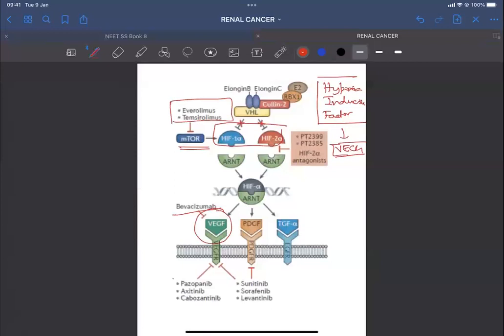It can be at the level of the receptors, which is pazopanib, axitinib, and cabozantinib. PDGF, this was used before. Nowadays, this is not first line anymore. These have now become the new first line treatment. VEGF inhibition is now current first line treatment.